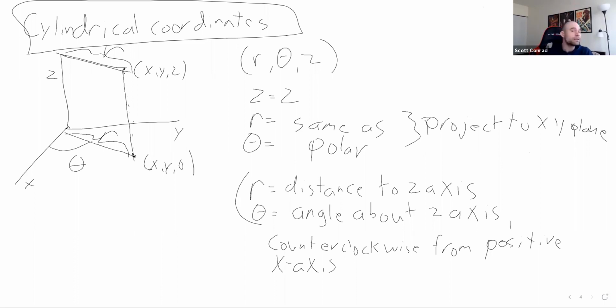Points that lie on, above, or below the positive x-axis are going to be theta equals 0, because when you project them to the xy plane, they lie on the x-axis where theta is equal to 0.